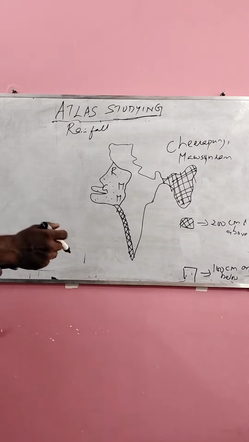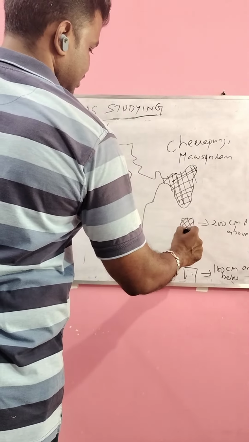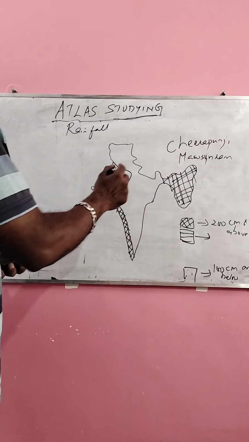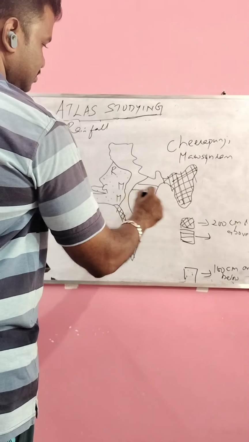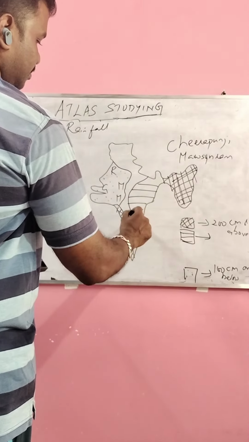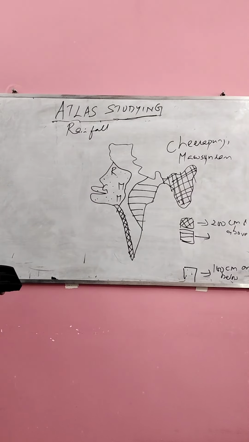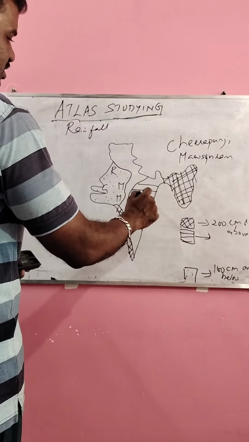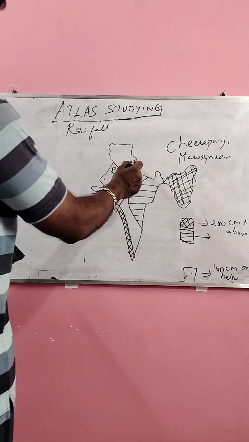Next, second region. This region lies largely in the eastern part of India, roughly this region. Parts of Bihar, Jharkhand, Odisha, parts of Chhattisgarh and Andhra Pradesh comes here. So it is basically the eastern part. Okay. Now the rest.